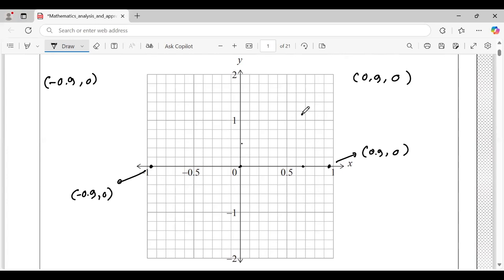So around here is the coordinate point 0.68 and 1.09. After that, similar with this one.